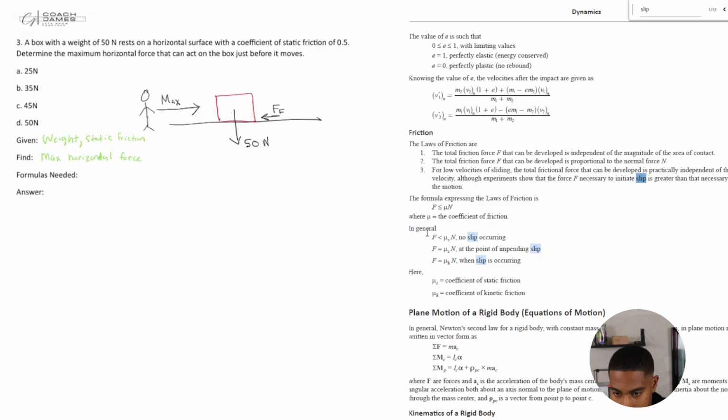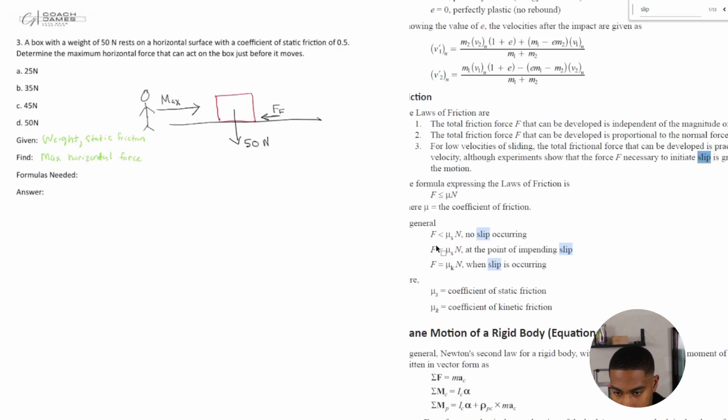So in general, if the frictional force is less than the coefficient of static friction times the normal force, then no slipping occurs.